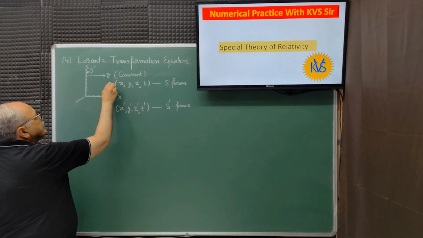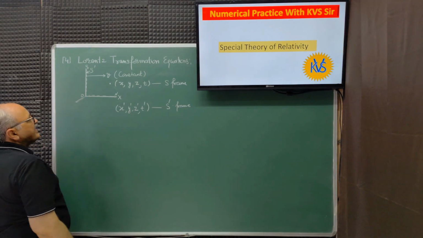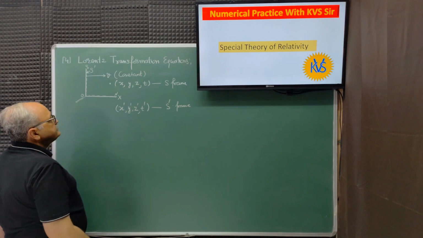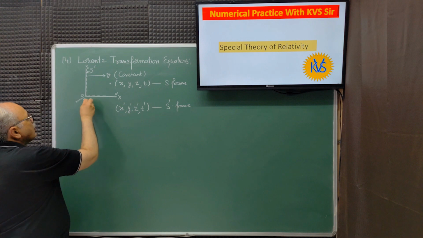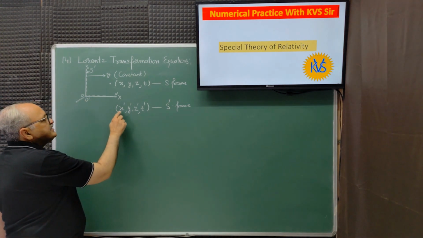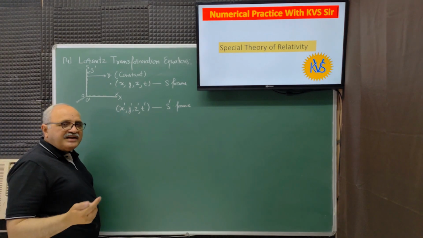Let's talk about an event observed by the observer of the S frame at position coordinates x, y, z and at time t, whereas the observer of the S dash frame says that this occurs at x dash, y dash, z dash, and at time t dash.